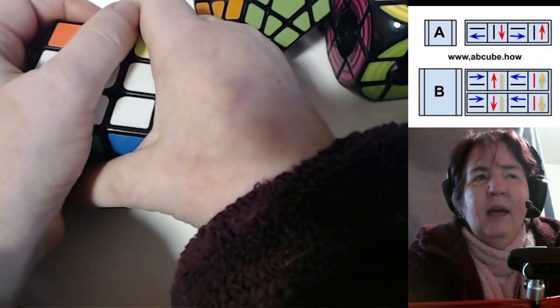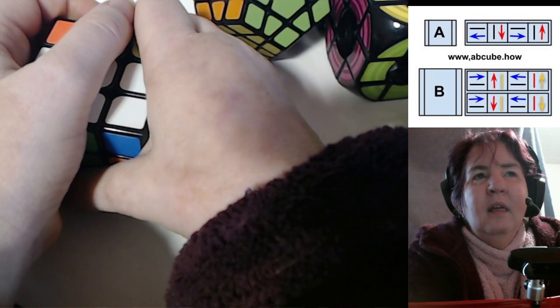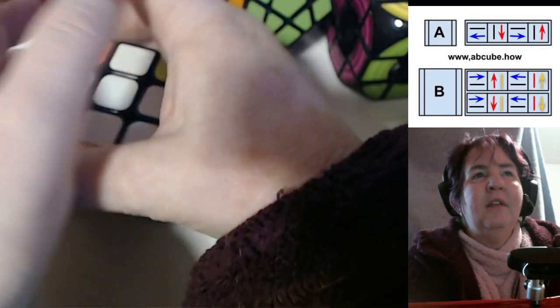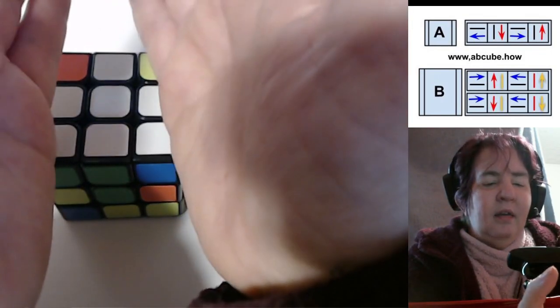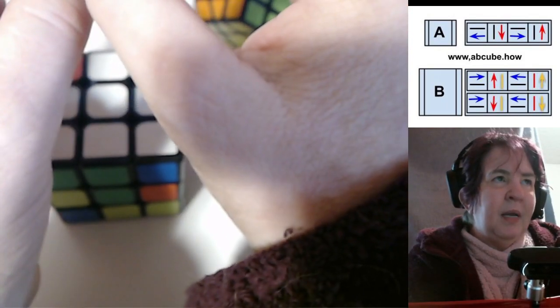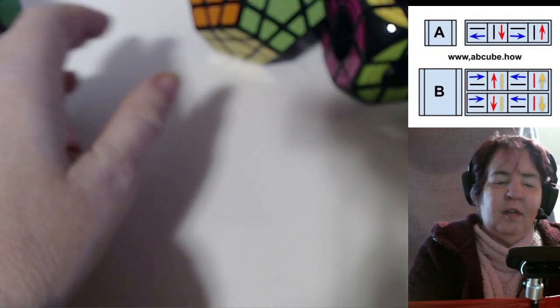Yeah, and that's the thing, when I was creating this, I have found the formula B, and I wrote it out to be able to do the centers on my 5x5.